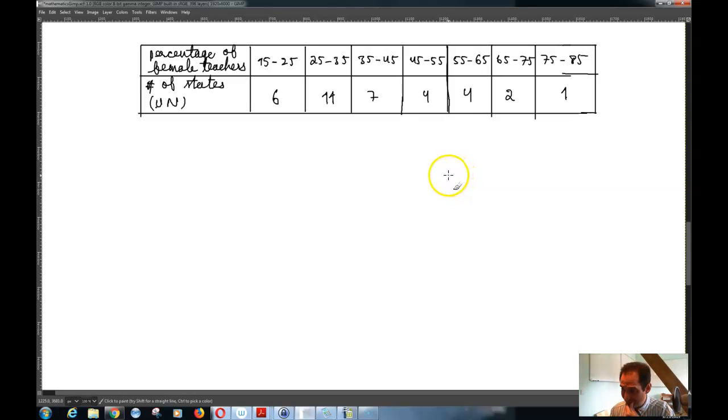So now what we want to do is find the mean percentage of female teachers by all the three methods discussed in this section.